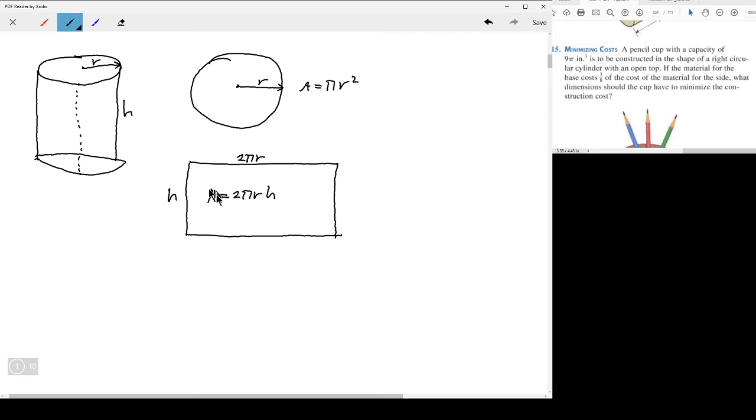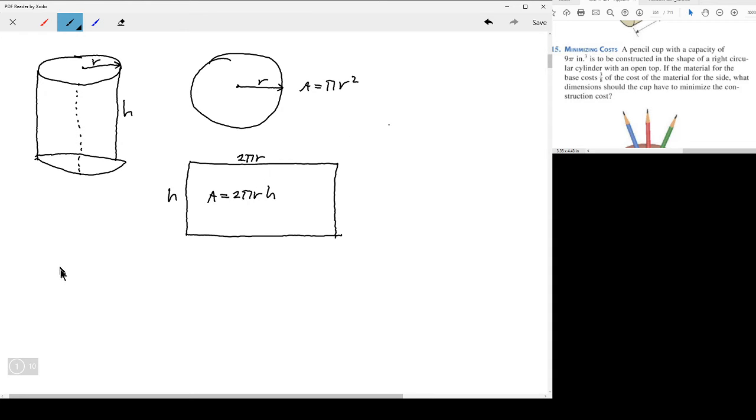Now, if we go back to the original problem, the material for the base costs 3/8 of the material for the sides. Here's where I just missed a piece in class. We have to define something for the cost of the materials. The cost of the base is 3/8 the cost of the sides.